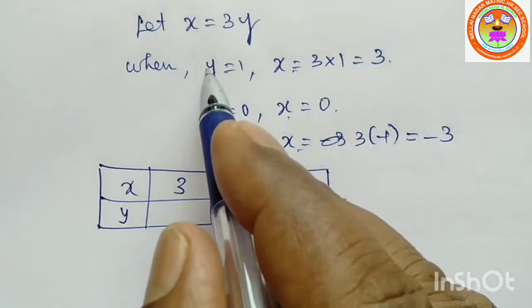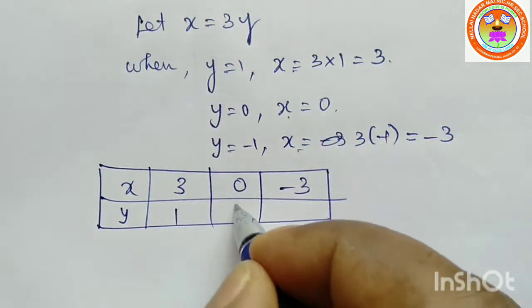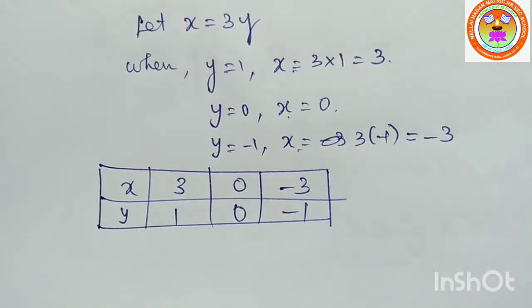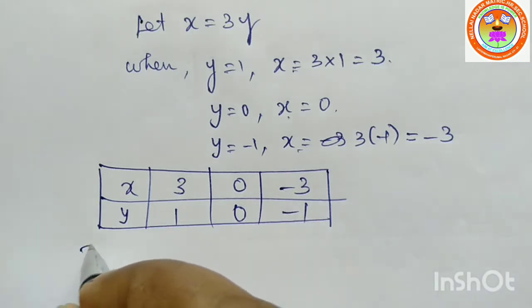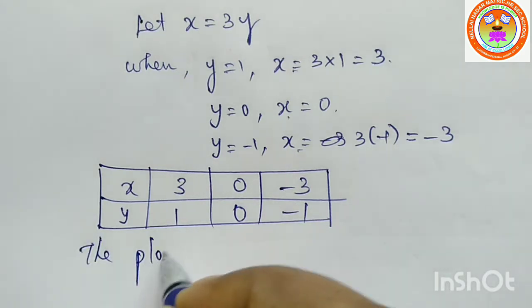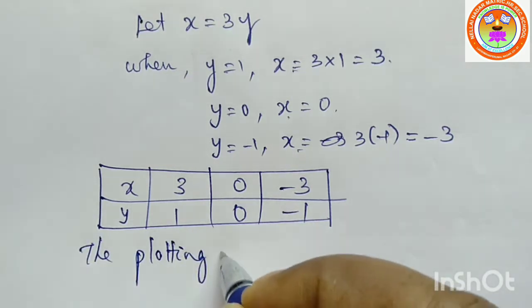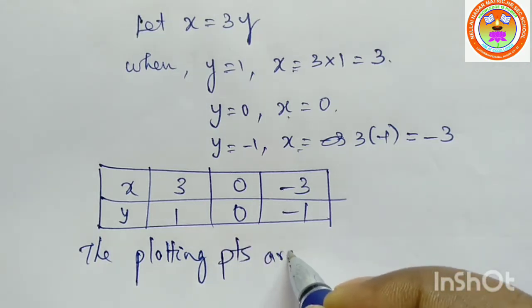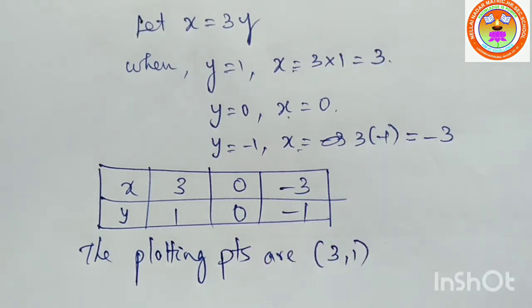The corresponding y values are 1, 0 and minus 1. So the plotting points are (3, 1), (0, 0) and (minus 3, minus 1).